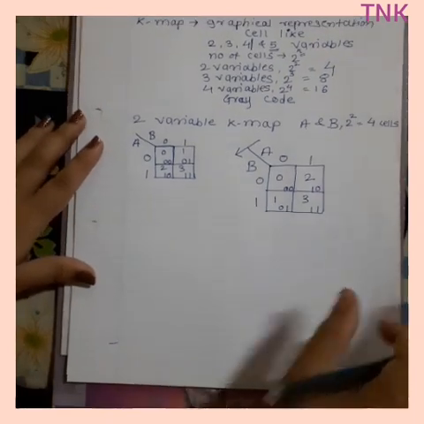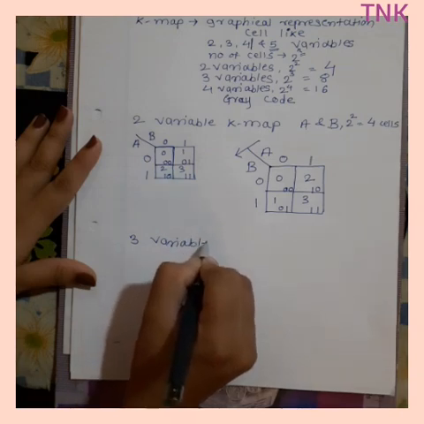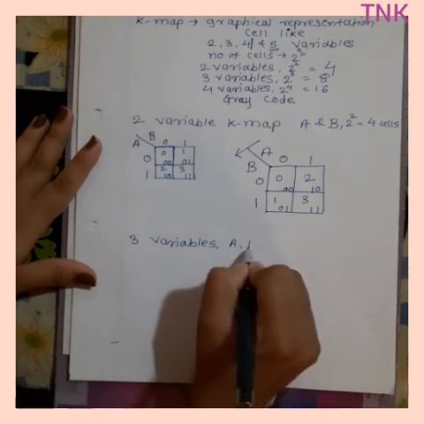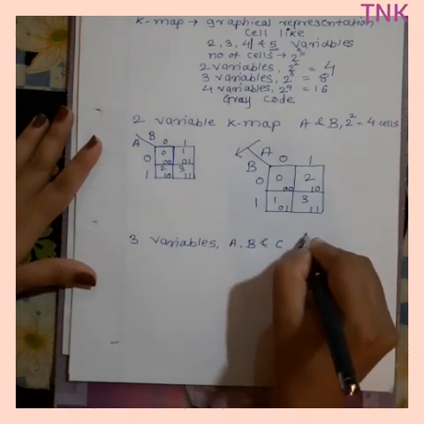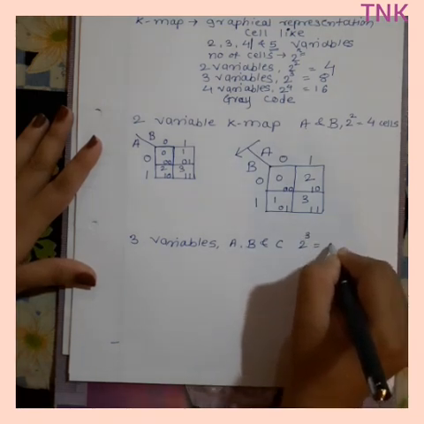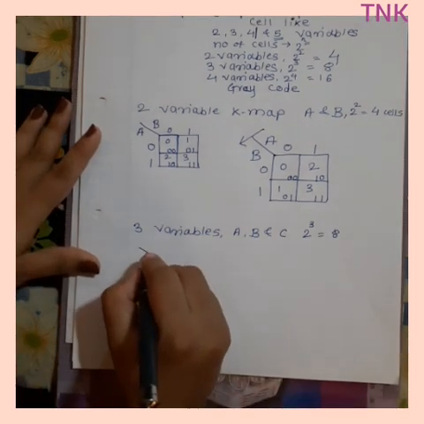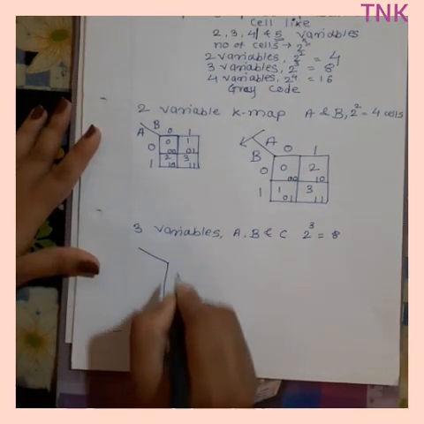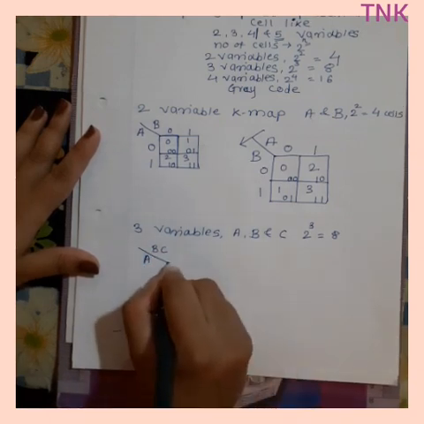Now let's proceed towards 3 variables. Let's assume that we have 3 variables A, B and C. The number of cells is equal to 2 raised to 3, that is 8. So this is how we can draw the structure. For example, this is A, this is BC.